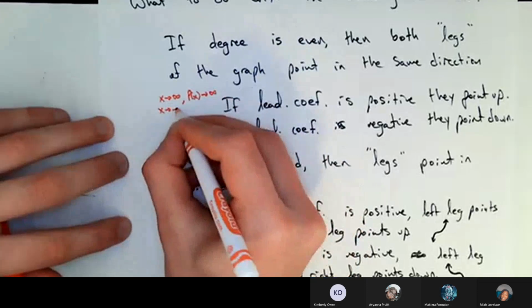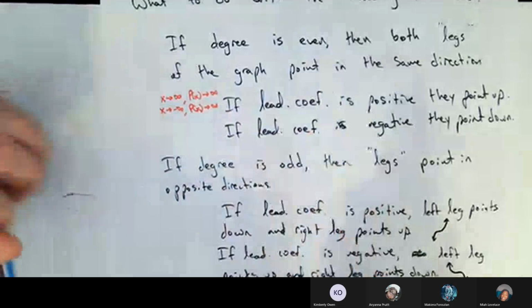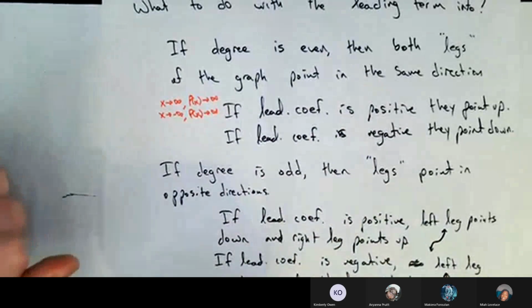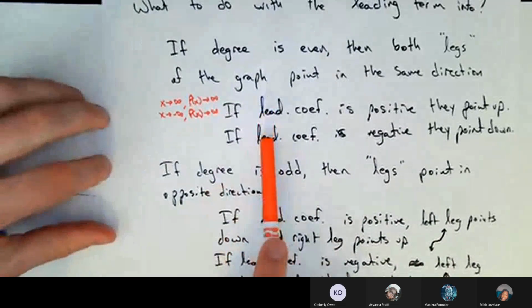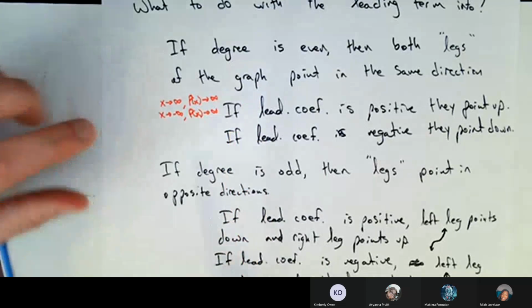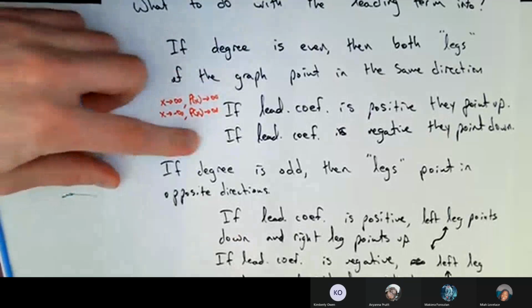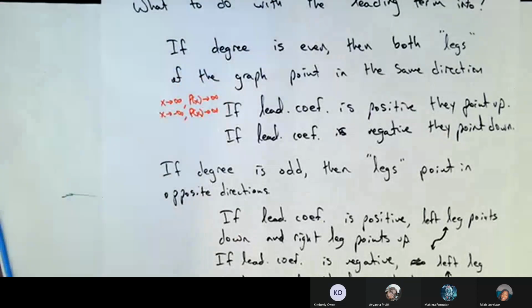As x tends to negative infinity, p of x still tends to infinity. So we'll talk about what that means and what's going on there. Each one of these 4 cases, 1, 2, 3, 4, will have its own little set of special symbology for us to write down. And yeah, we will talk more about that next time.